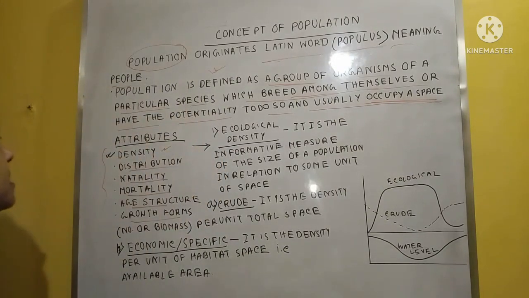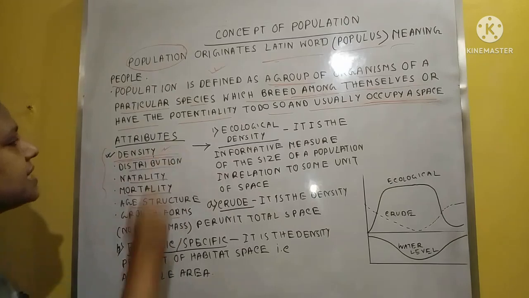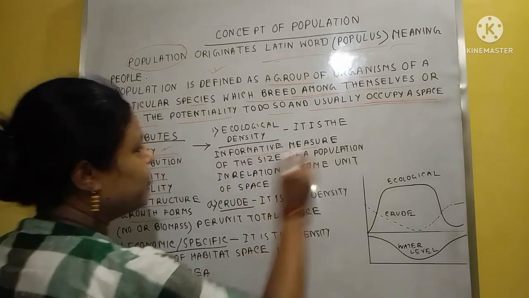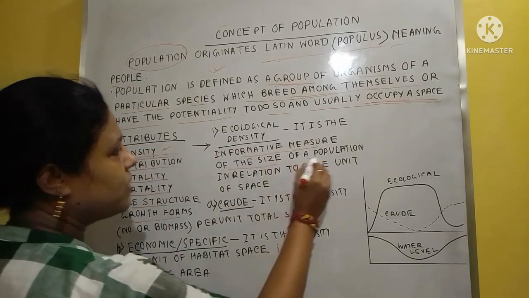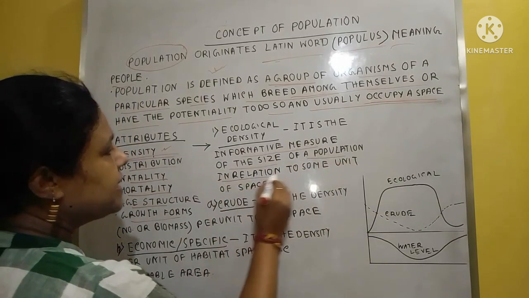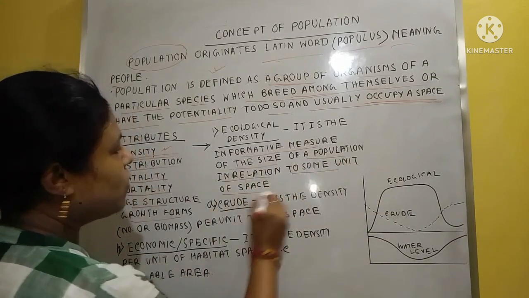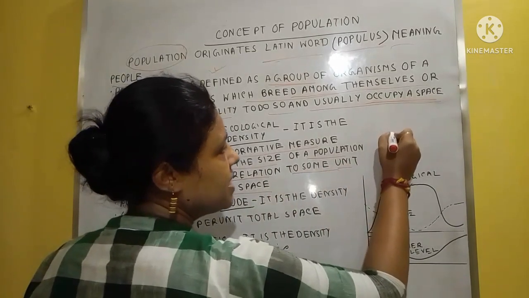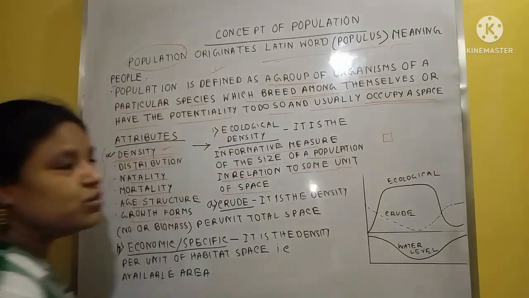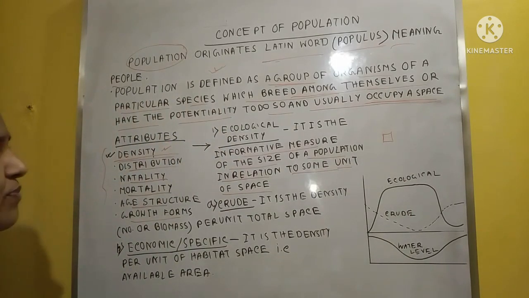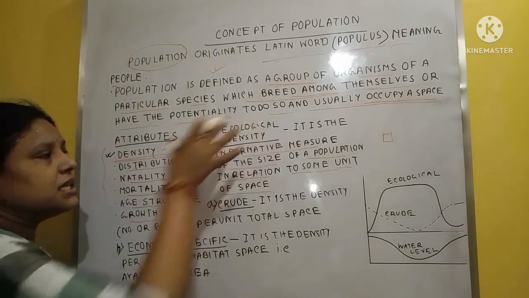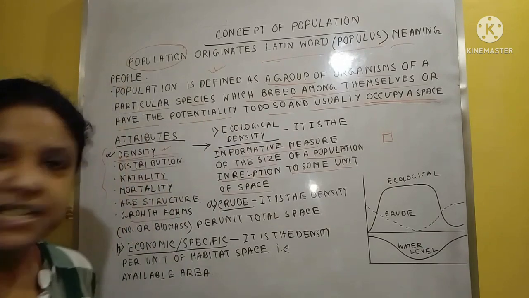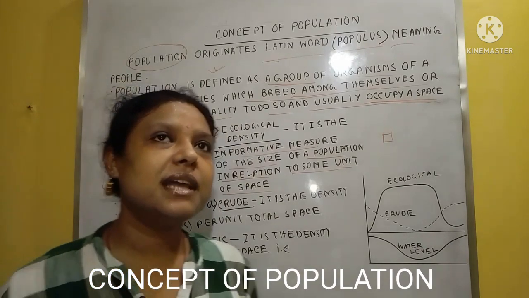Okay, so first, the density. What is density? Density means the informative measure of the size of a population in relation to some unit of space. Obviously, a unit of space. Density means the number of individuals, or you can say the biomass.